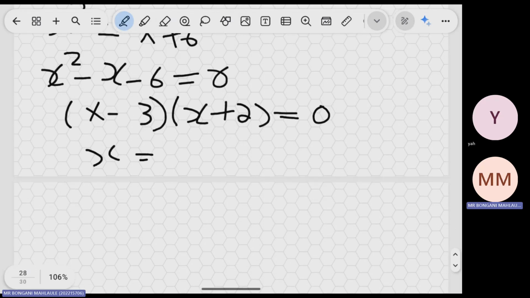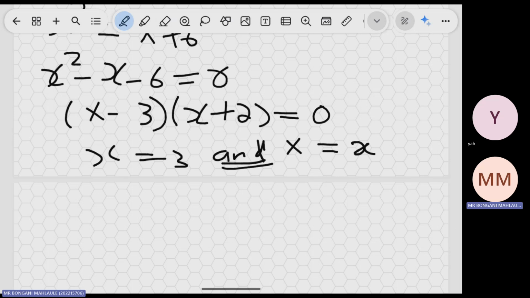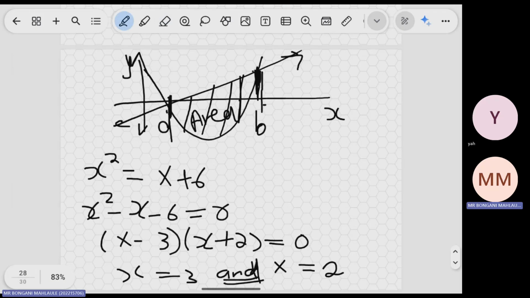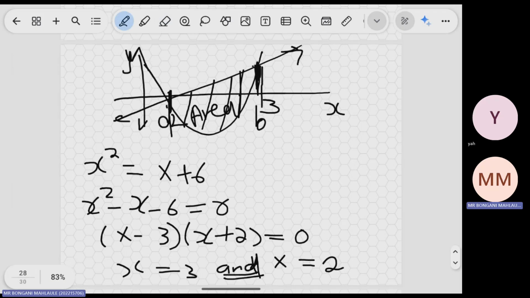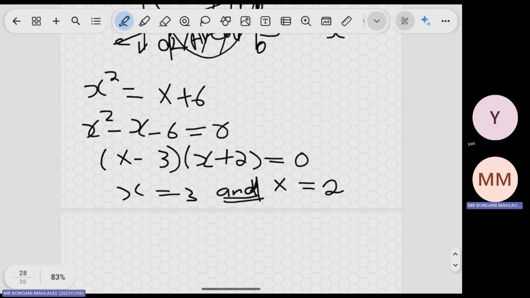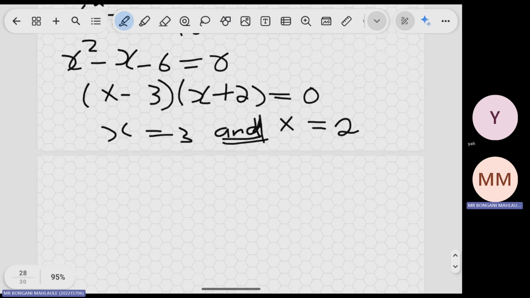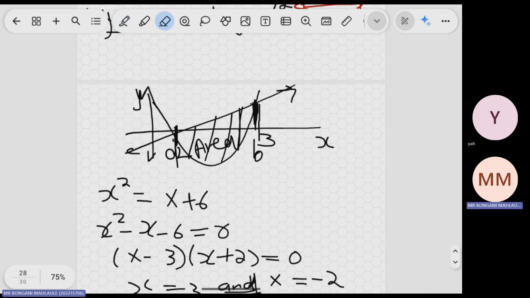Then x is equal to 3 and x is equal to negative 2. You see I'm saying and, you must also write both. It makes sense.